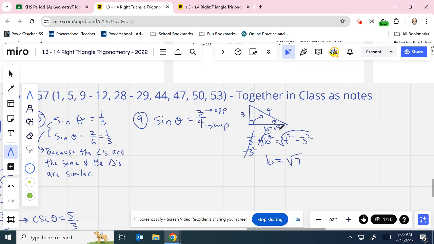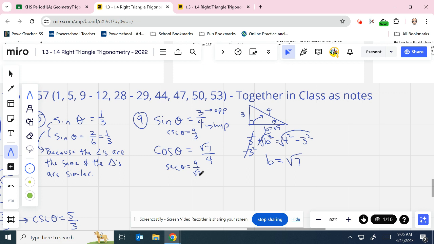So now sine, we know that cosecant, I'll put that in small letters underneath it, is 4/3 because that's the reciprocal. Cosine of theta we can now find because we know the adjacent side of theta is radical 7 and the hypotenuse is 4. But when you do secant of theta and you try to put 4 over radical 7, that doesn't fly.